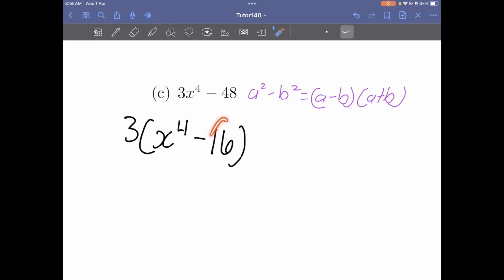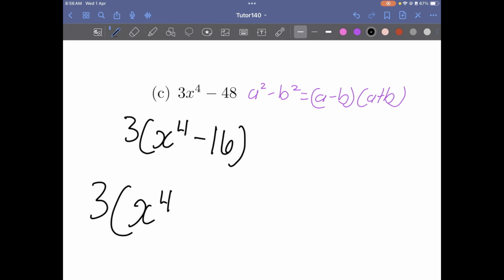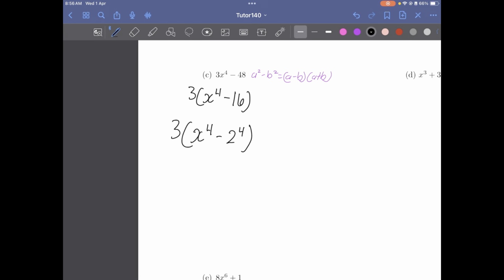Okay, so now you can see this is a square. This is x to the power 4 minus 2 to the power 4, right? So if we're going to break this up some more, this is x squared squared minus 2 squared squared.